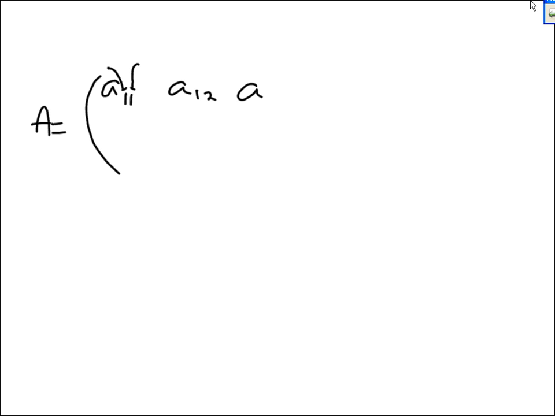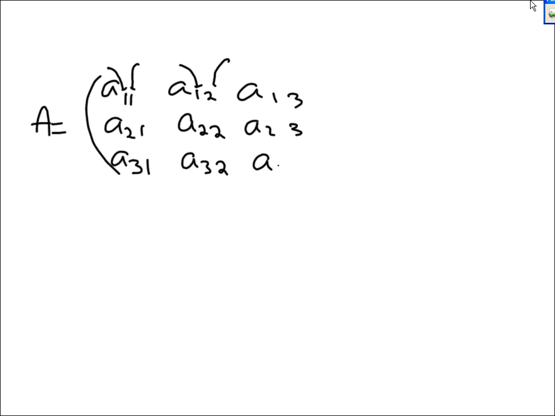Little a 1,2: first row, second column. Little a 1,3. Second row, first column. Second row, second column. We're on the second row, the third column. Now we are on row 3, first column. Row 3, second column. Row 3, third column.